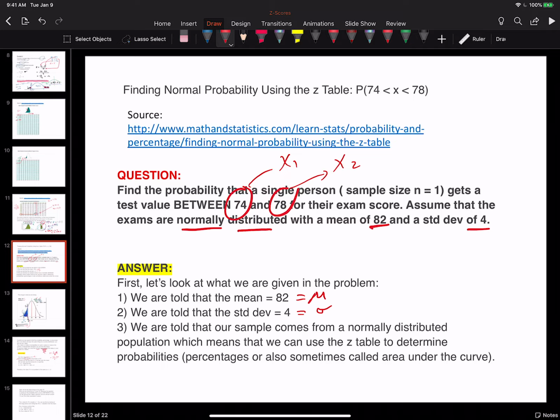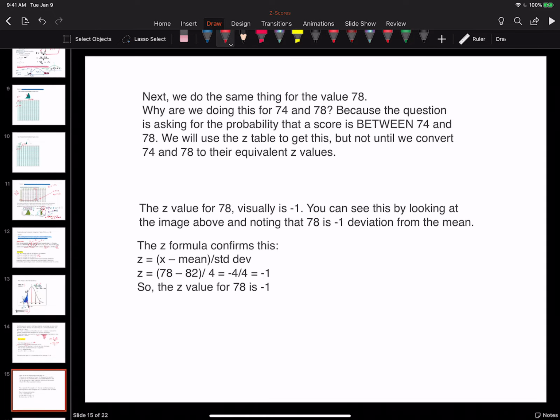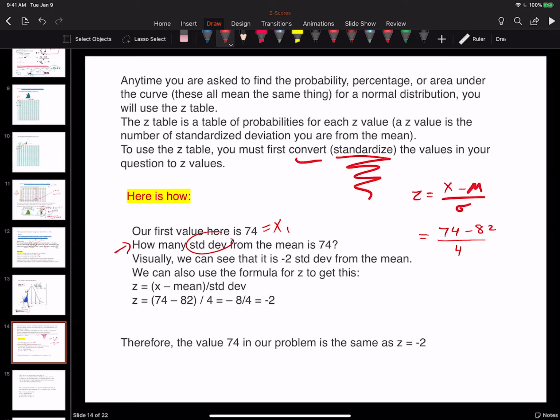As you can see, sigma is 4, the mean is 82, and we're looking at 74 to start with, which is x1. So the question says, how far is 74 from 82? It's a great concept, but I'll slow down because I don't want to confuse you speaking those terms.